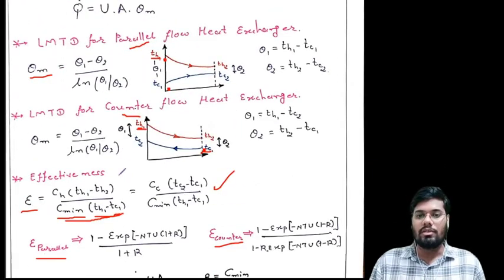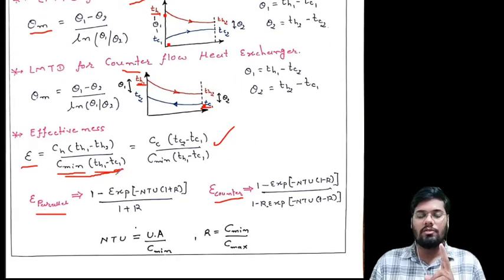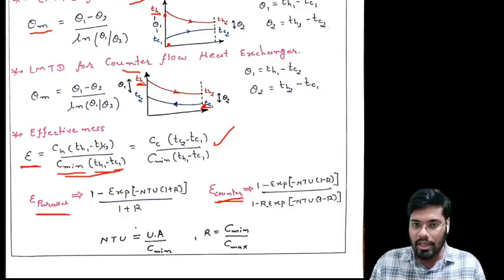In our equations, we have 2 equations for the effectiveness. This is the general equation for the effectiveness, Q by Q max, and this is for particular configuration. This is for parallel flow heat exchanger and this is for counter flow heat exchanger. So by using these 2 equations of effectiveness, we can find out value of outlet temperature of hot fluid, here TH2, and here TC2.